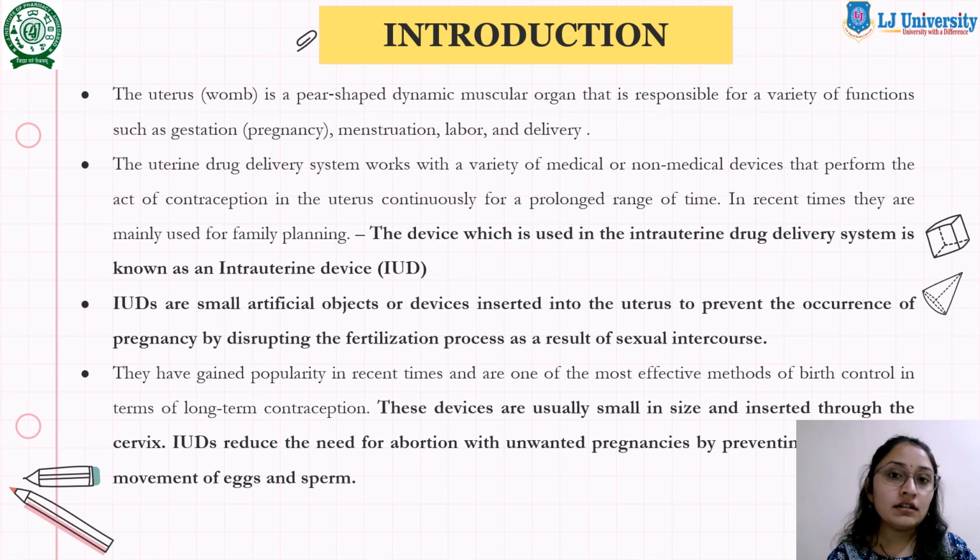The main mechanism of action of these intrauterine devices is that they prevent the process of fertilization, and thus will not result in unwanted pregnancy. Okay, so this is the basic definition for intrauterine devices.